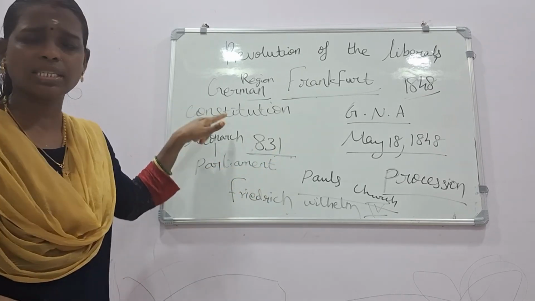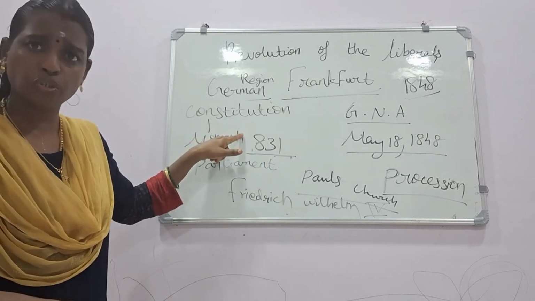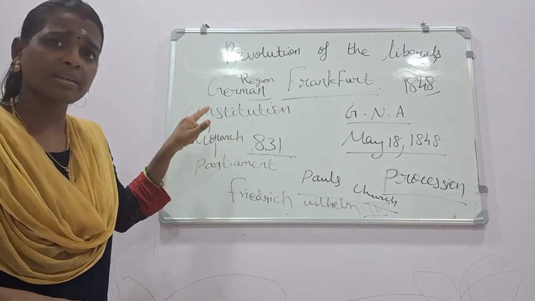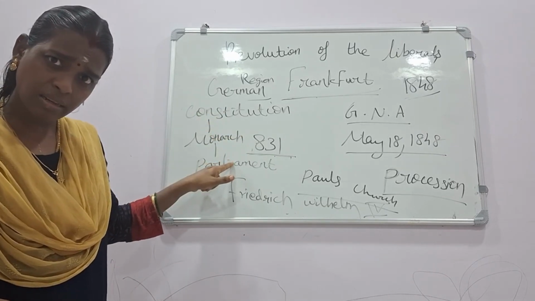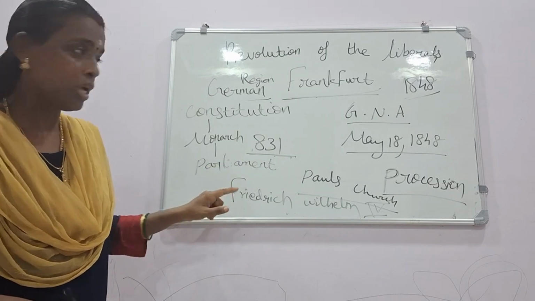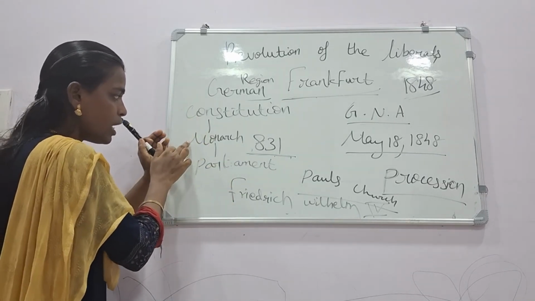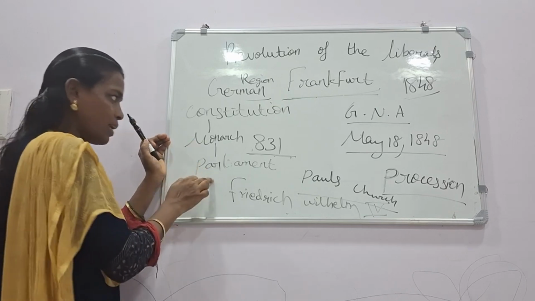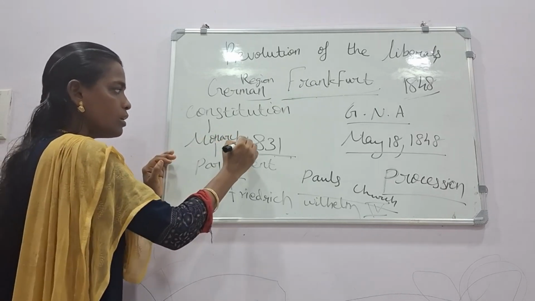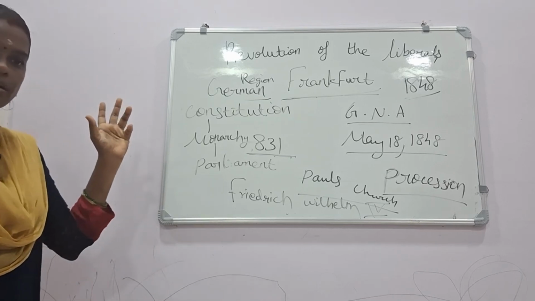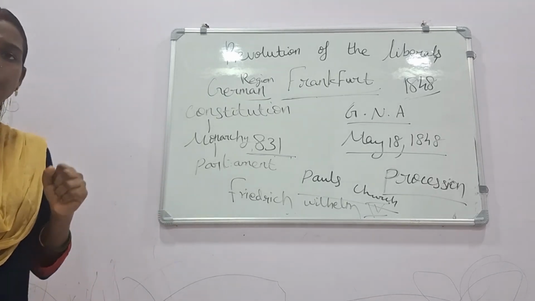They wanted to set up a constitution under a monarchy, and that monarchy should be under the parliament, which means the constitution should function by monarchy, and that monarchy should be answerable to parliament. So before, for many years, the monarchy alone had to take all the decisions.